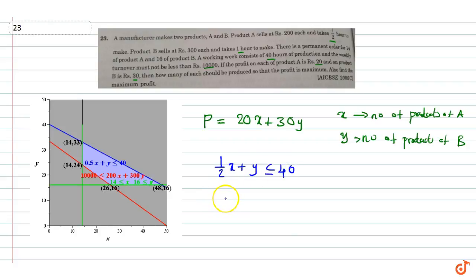and weekly turnover should be more than 10,000. That means 200x plus 300y should be greater than or equal to 10,000.